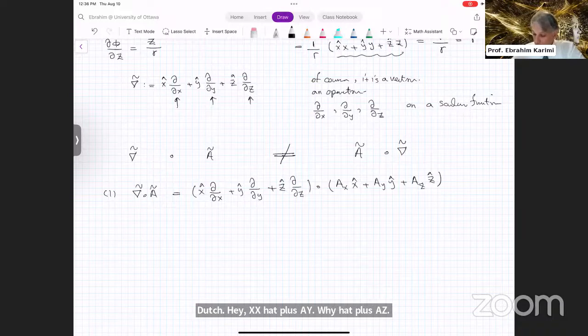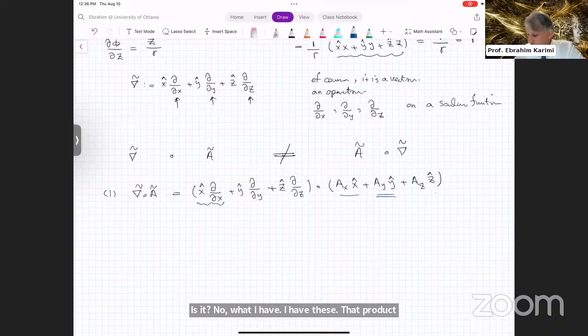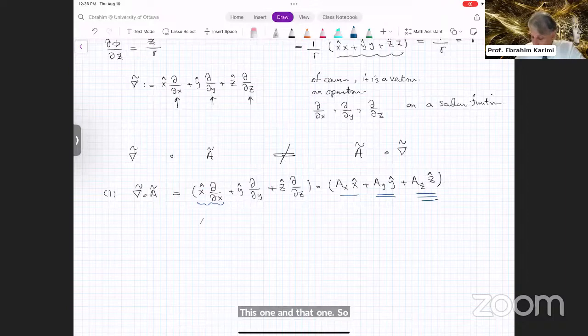Now I have the dot product of this one with that one. So let's do that. It will be x hat, derivative of x, dot ax x hat.